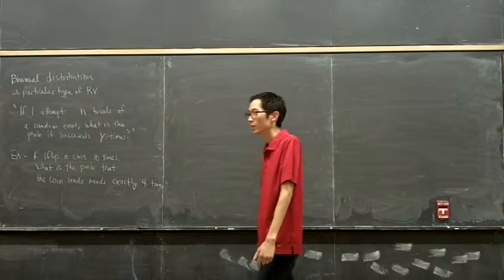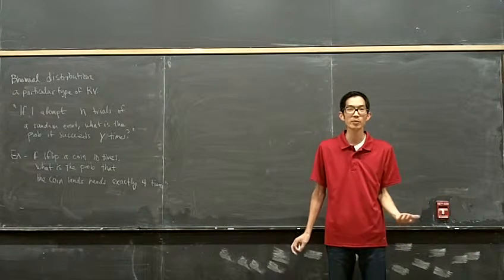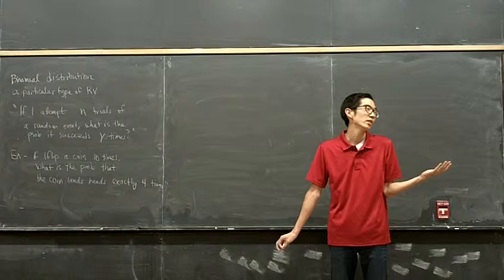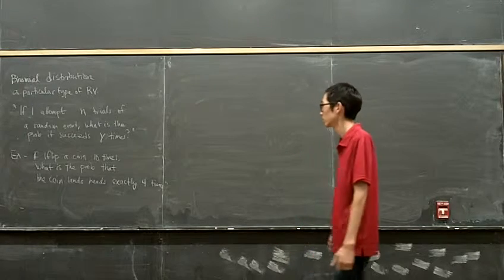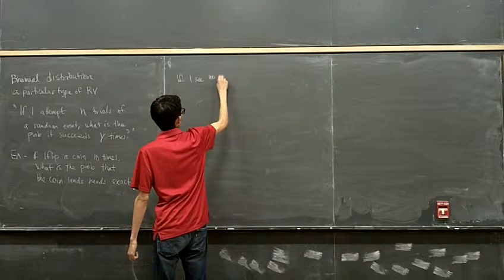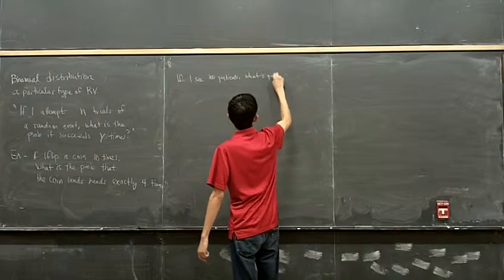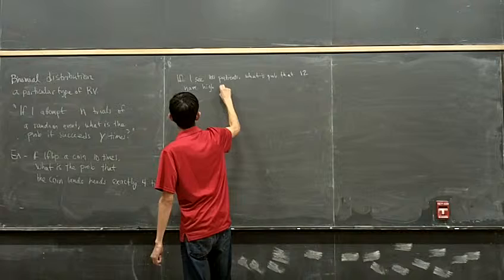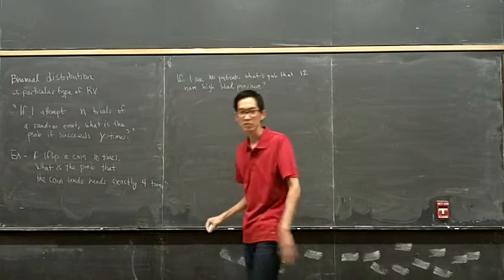Or if I look at 100 patients, what's the probability that exactly 12 of them have high blood pressure or something like that? Does that kind of make sense?